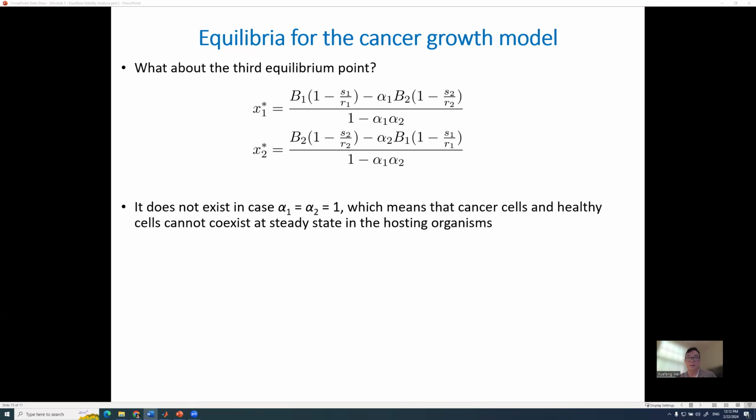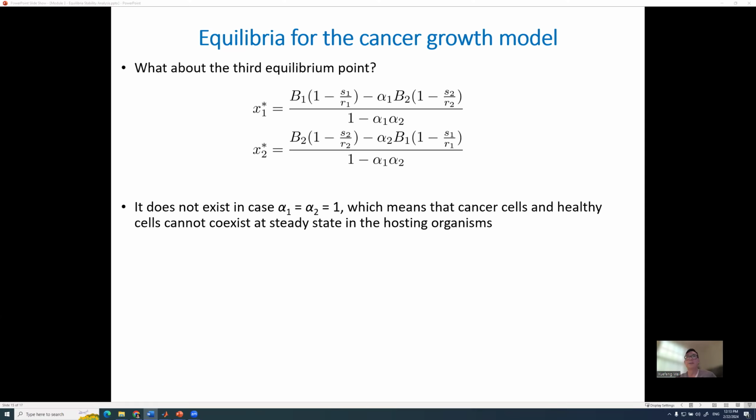This means that cancer cells and healthy cells just cannot coexist peacefully in the hosting organism.